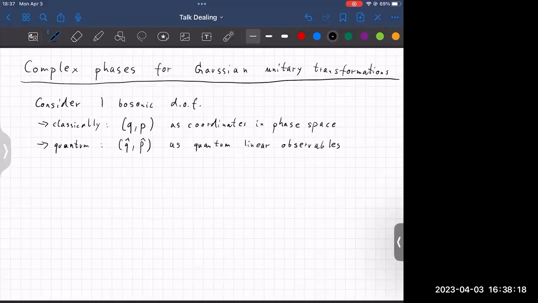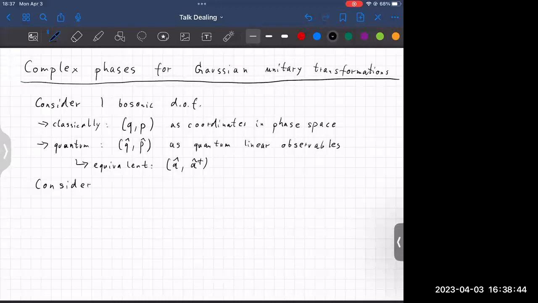Then we have our equivalent description. We can have an annihilation operator and the creation operators that are the standard linear combinations of Q and P. And we can look at the space of quadratic operators.